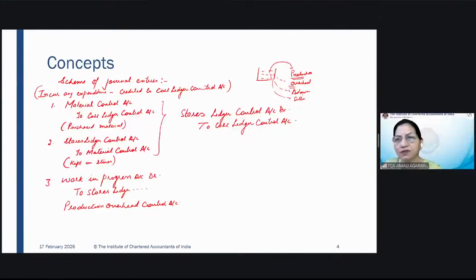If it moves to the indirect material used as administrative overheads, it becomes administrative overheads. And if it is used as indirect material in selling, it becomes selling and distribution overheads. So whatever the overheads, indirect material issued for overheads is debited and stores is credited.